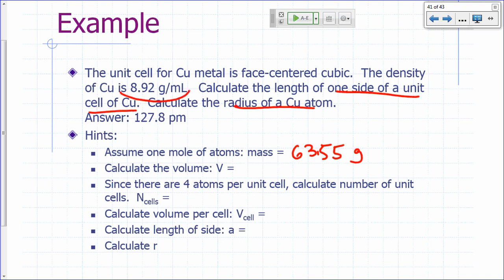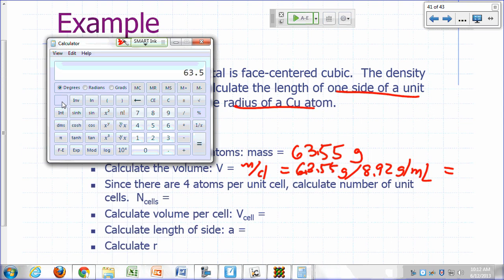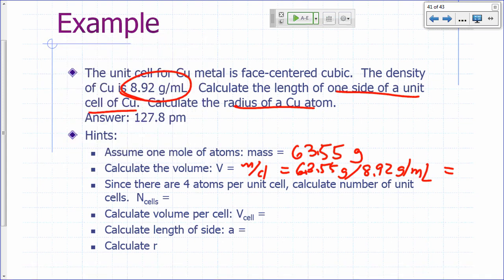The density is 8.92 grams per milliliter. So the volume is mass over density, right? So 63.55 grams divided by 8.92 grams per milliliter. That would be how much? 7.12 milliliters.